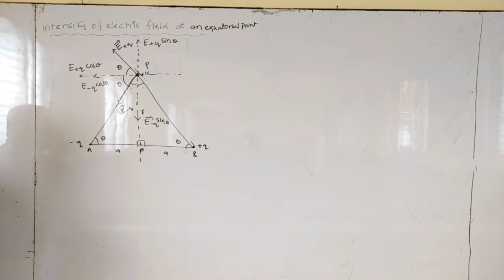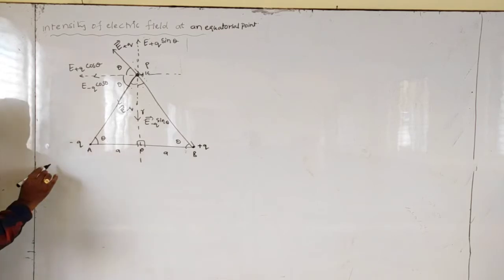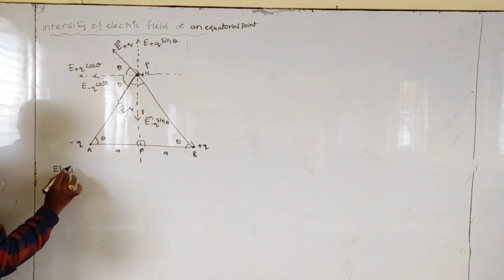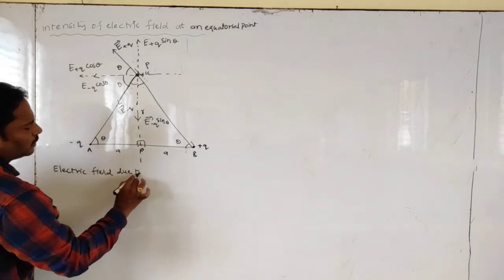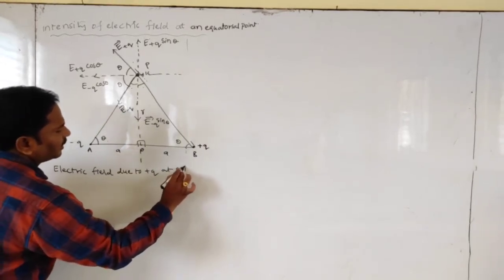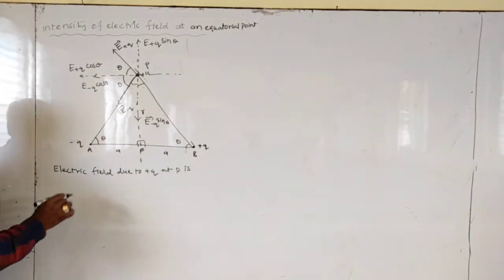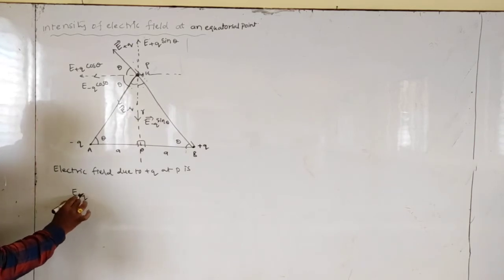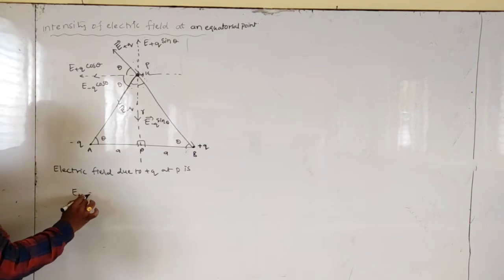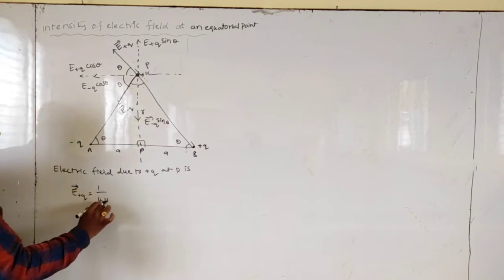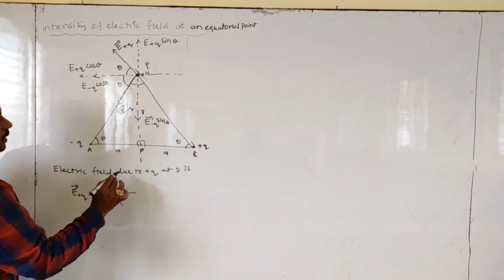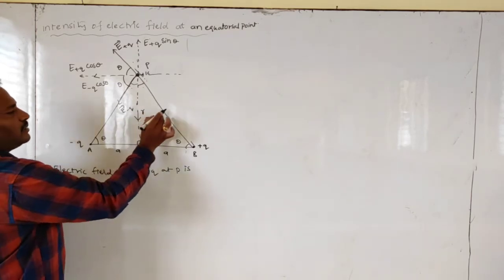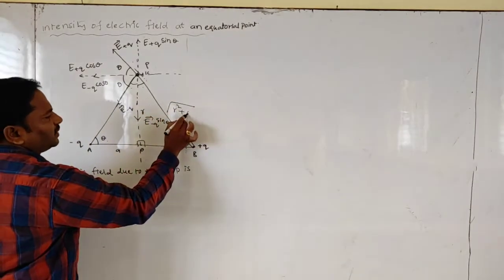Now first we are going to find the intensity of electric field due to plus q at point P, and minus q at point P. So the electric field due to plus q at P is E plus q equals 1 by 4 pi epsilon naught, charge Q by, here the distance is R and A, so R square plus A square.